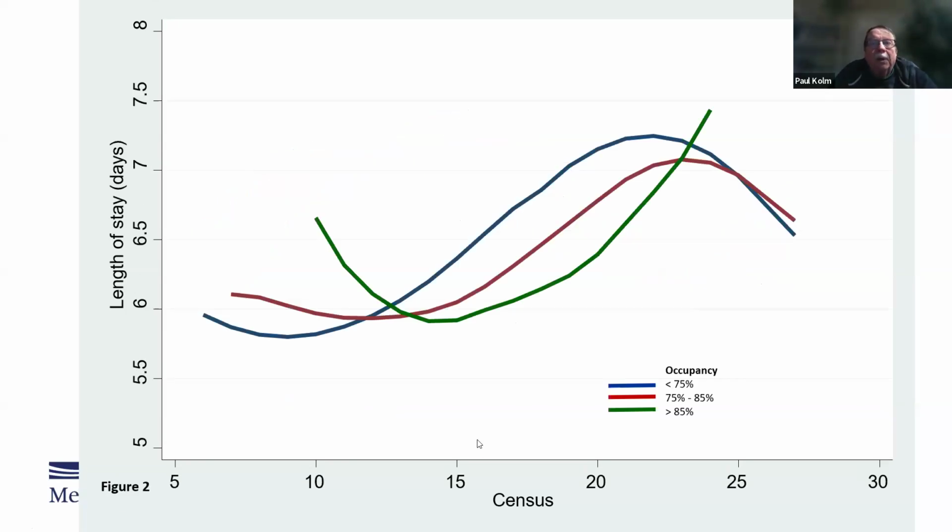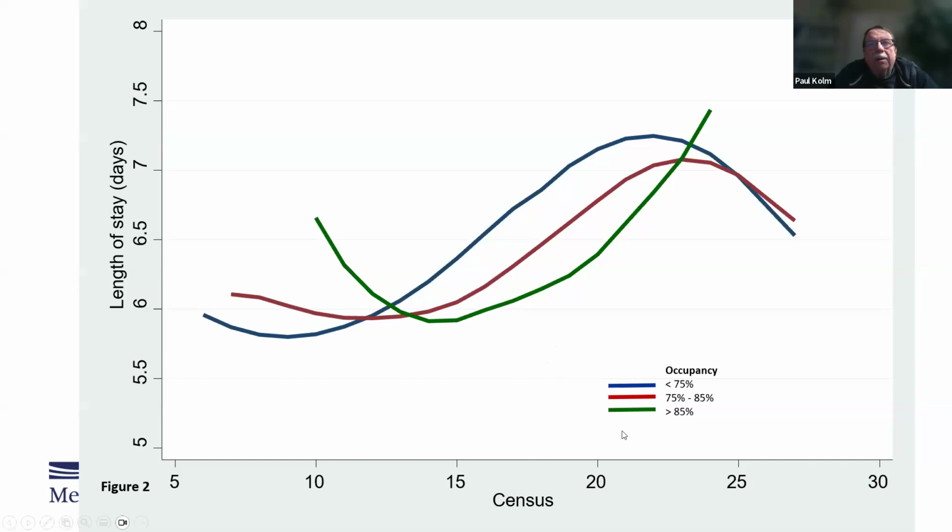So then our primary outcome that we wanted to look at was length of stay. Again, we look at census as a function of occupancy, since we had a significant interaction there. We can see that for greater than 85, we have basically a U-shaped function with one change in slope here.